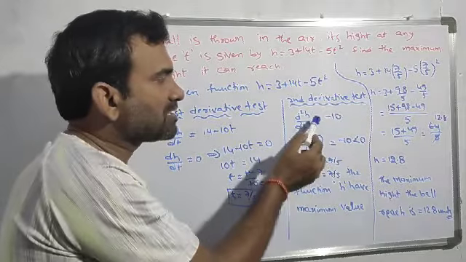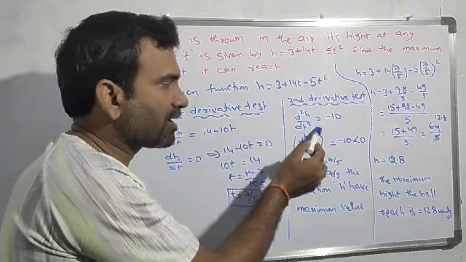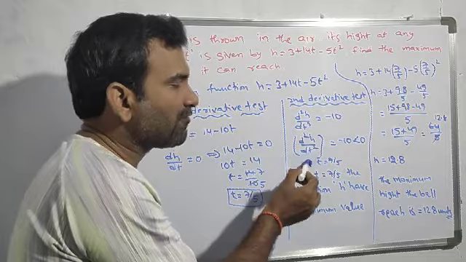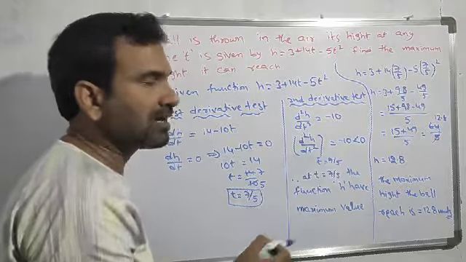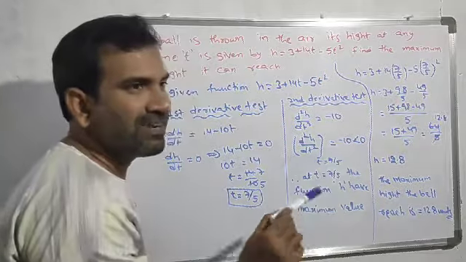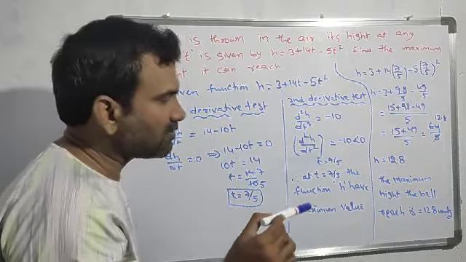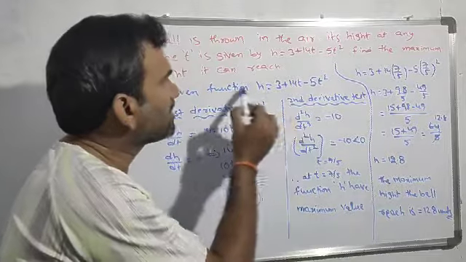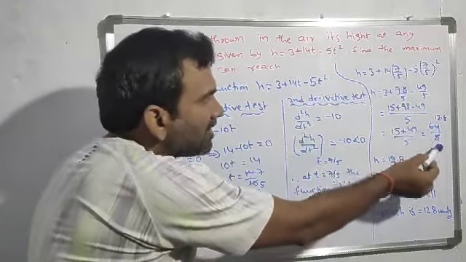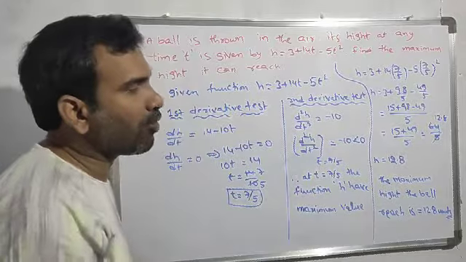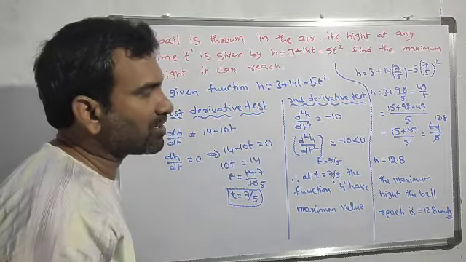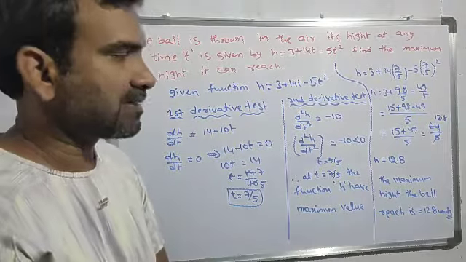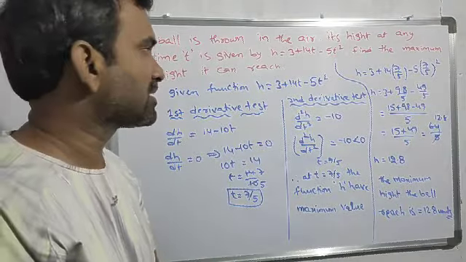For the second derivative test, I find d square h by dt square and substitute the value. It is less than 0, and if it is less than 0, it gives the maximum value. At this point the maximum value is h equal to 12.8. So the maximum height the ball reaches is 12.8 units.